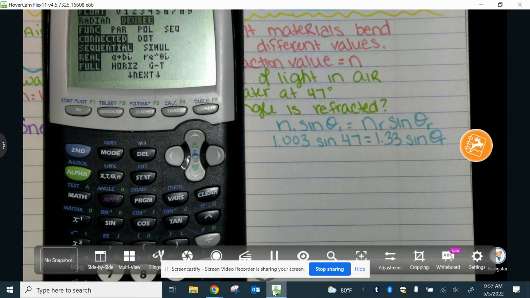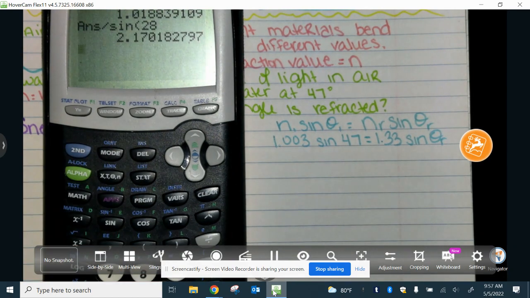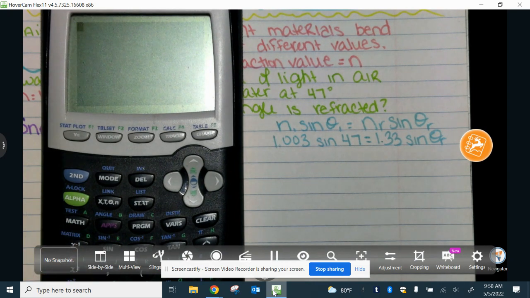Then you can hit second mode to quit. I want it in degree.